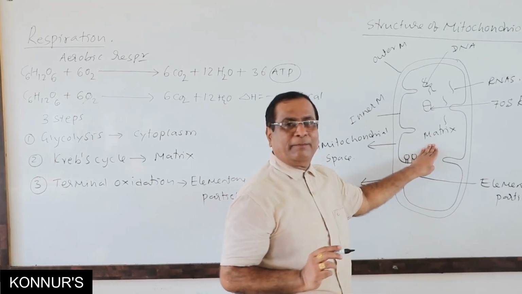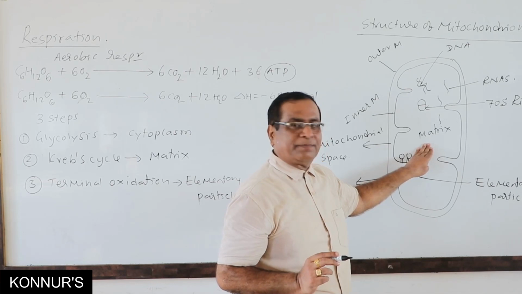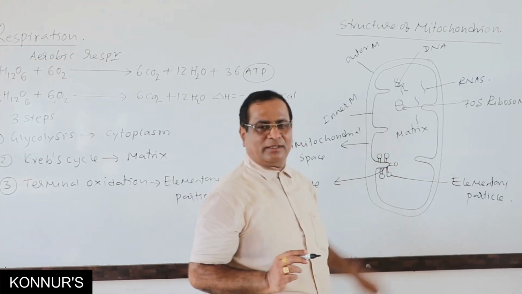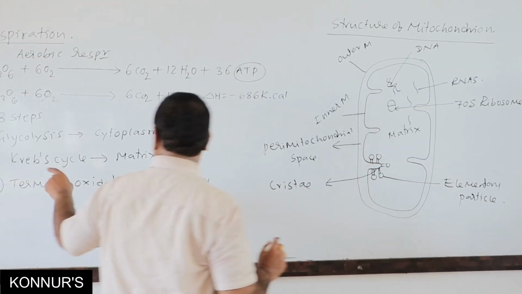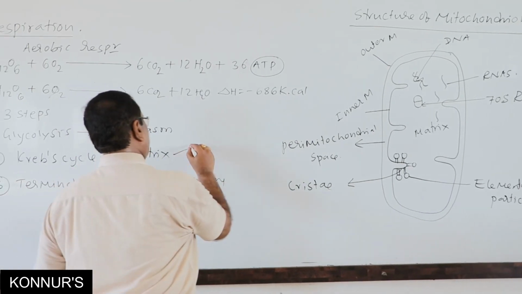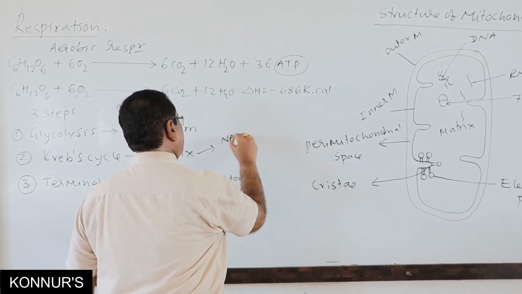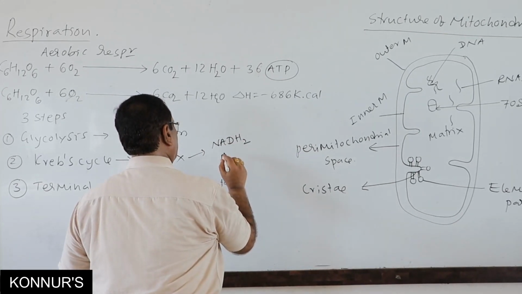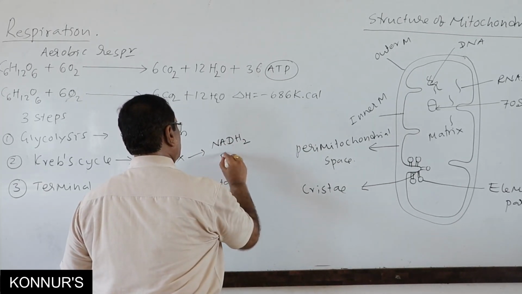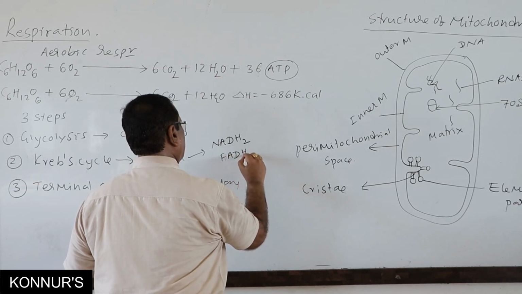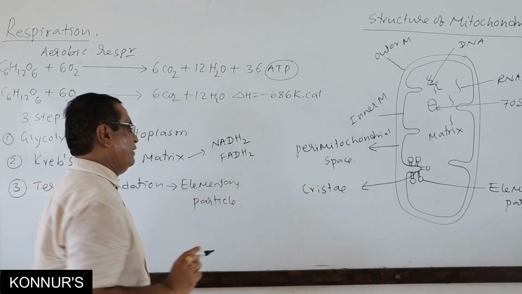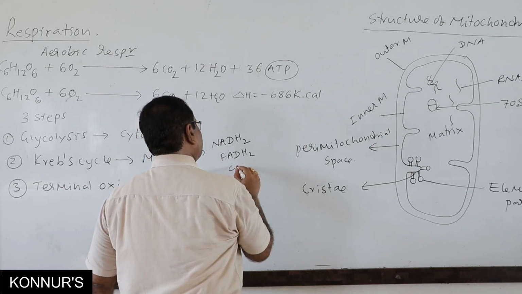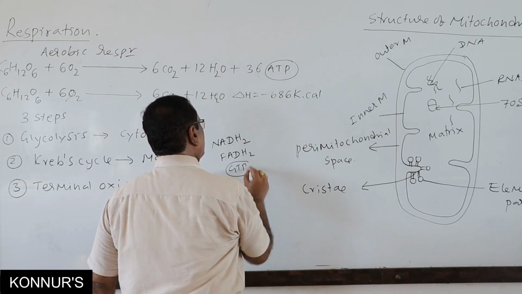Here in the matrix, the Krebs cycle takes place, during which energy is released in the form of NADH2 and FADH2; GTP is also formed.